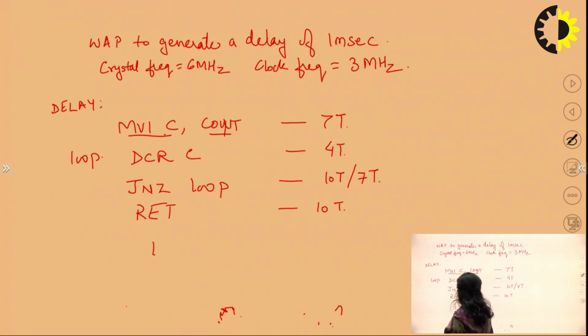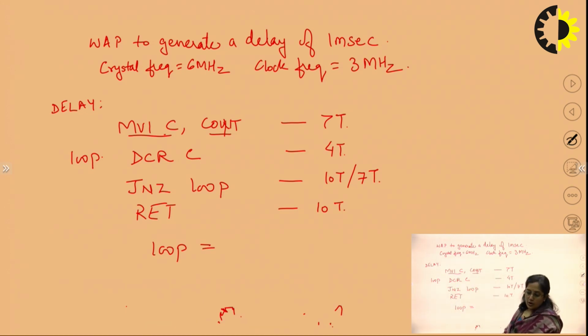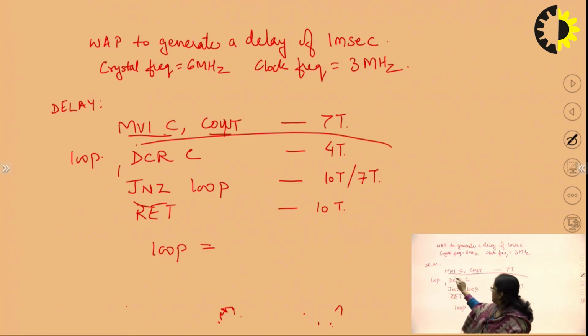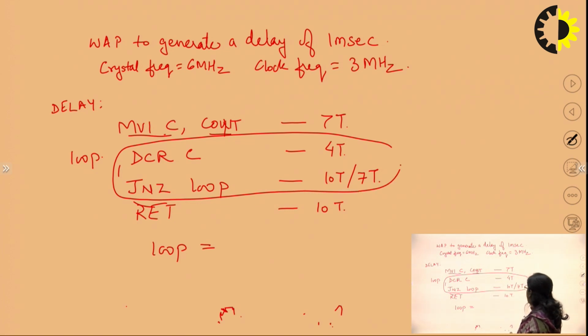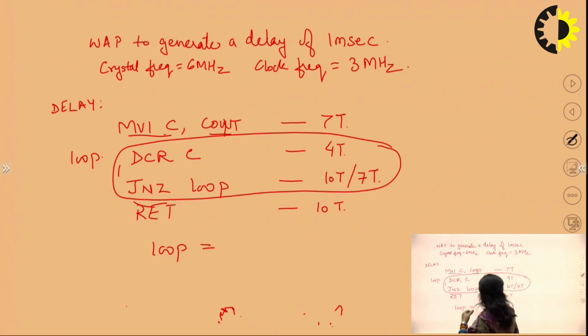We have the loop, and the mathematical calculation will be for the loop. The loop is executing repeatedly, and for this we can say 10 plus 4. This is executing for count times.